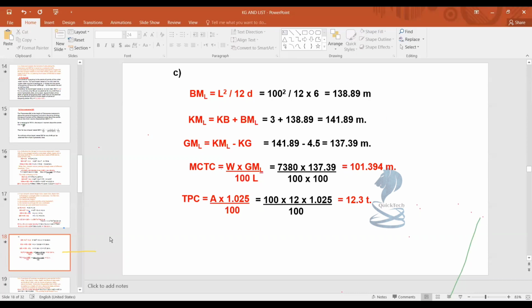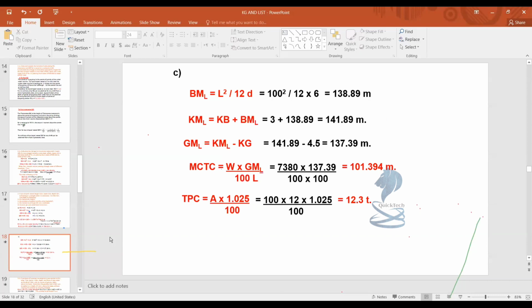KML is equal to KB plus BML. GML is equal to KML minus KG. MCTC is equal to W into GML divided by 100L, and putting all these values in, TPC is equal to A into 1.025 divided by 100, we get the answer as 12.3 tons as TPC.